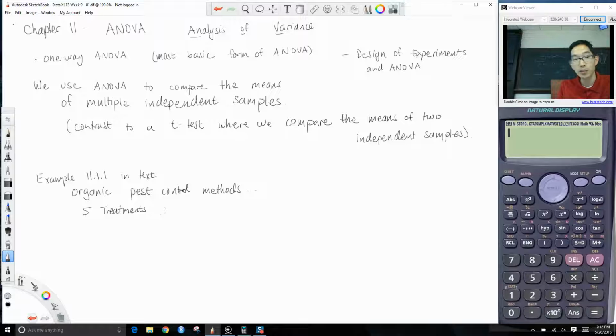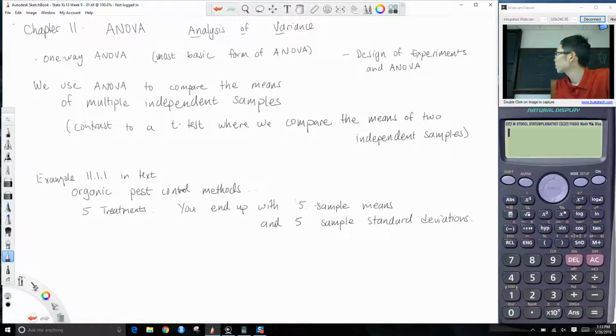And then you end up with 5 sample means and 5 sample standard deviations. So how can we effectively compare these sample means to each other?